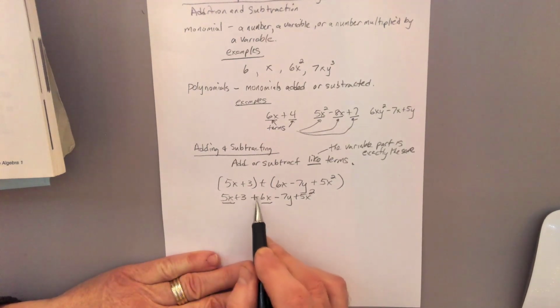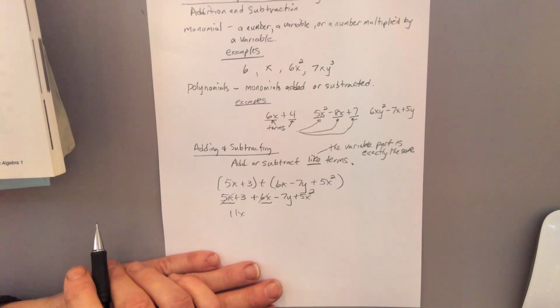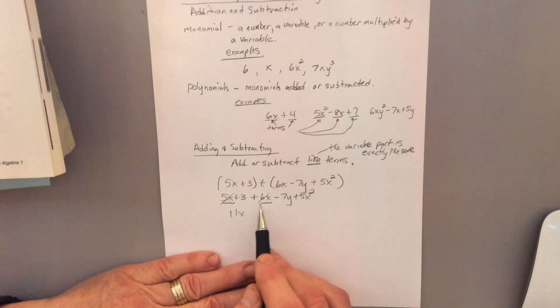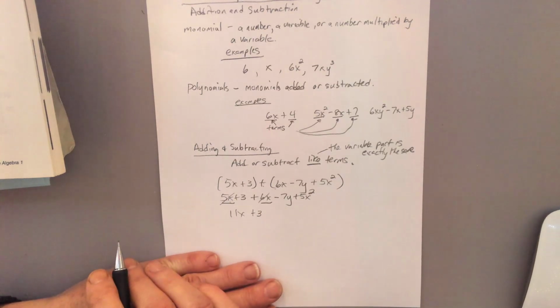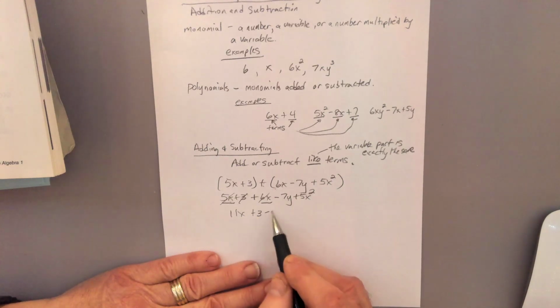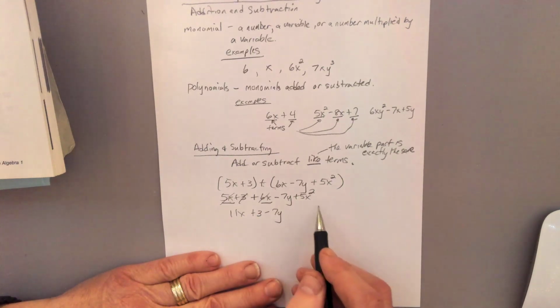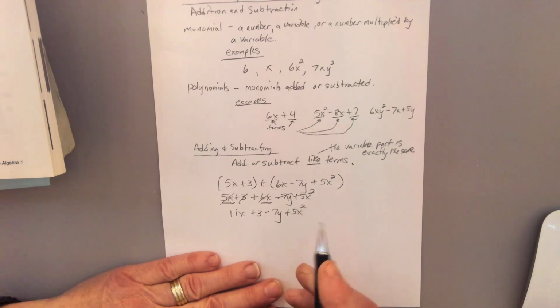So 5x plus 6x is 11x. And then I usually just cross off the ones I've combined already. I don't have any other just numbers, so I've still got plus 3. I don't have any other y's, so I've got minus 7y. And I don't have any other x squared, so it just stays as 5x squared.